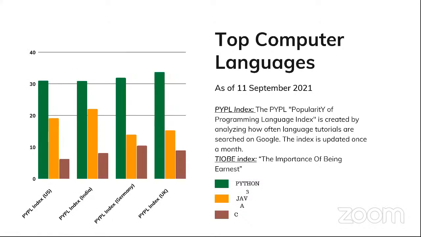So why Python? Because it's one of the top programming languages right now. As per the survey conducted by PYPL, Popularity of Programming Language, and the TIOBE Index, Python is marked as one of the top computer programming languages.